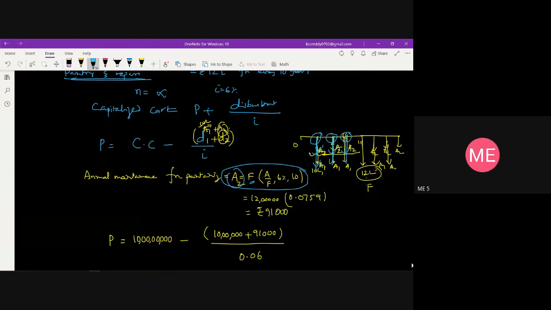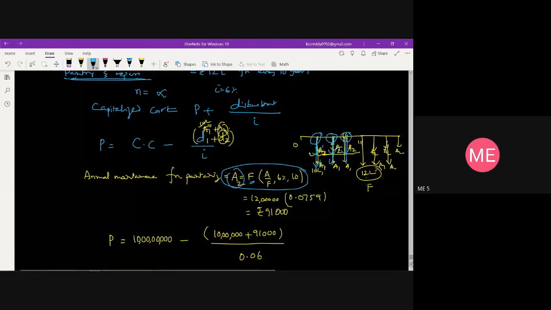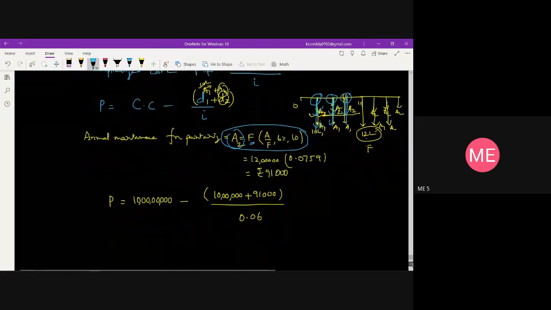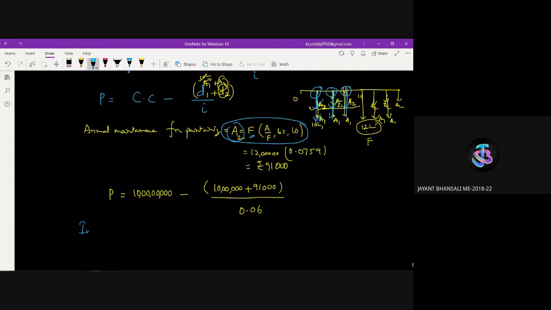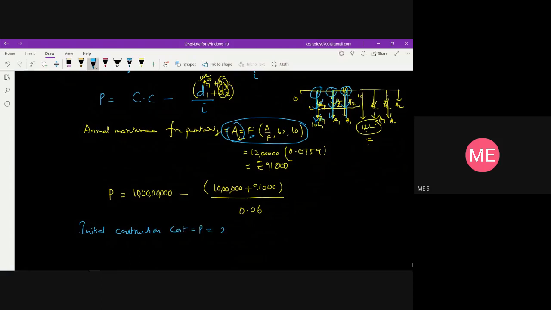By using this simplification, I get the initial construction cost, that is P, which is roughly rupees 8 crores 18 lakhs 15,900 something.